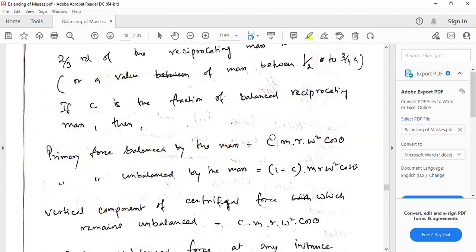So we have balanced a fraction c of this force, and the remaining force will be 1 minus c into this force. This remains unbalanced. We have to minimize the unbalanced part, so that up to the maximum extent we can balance this primary force. Understood? This is very important.